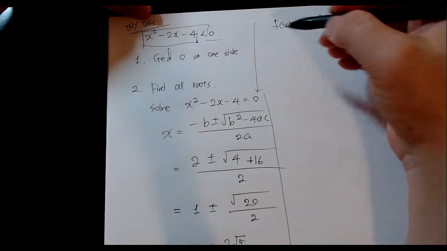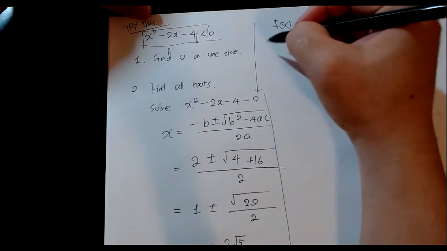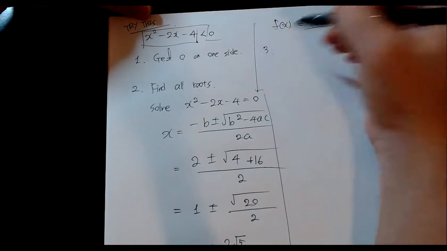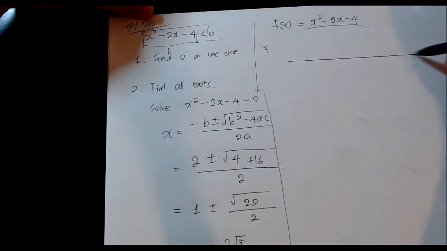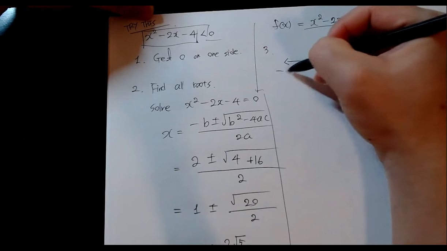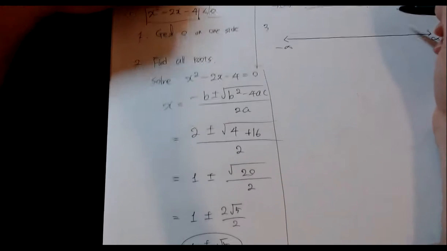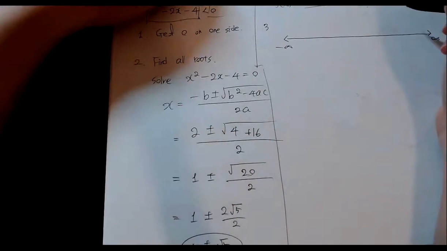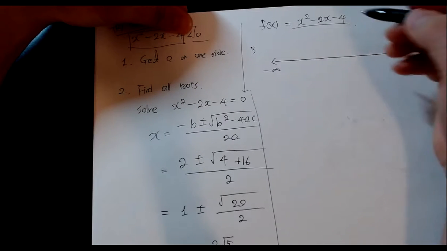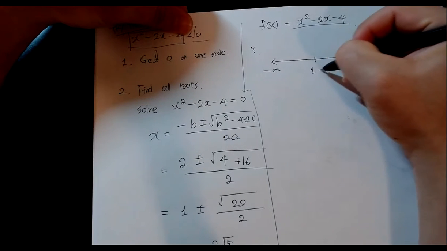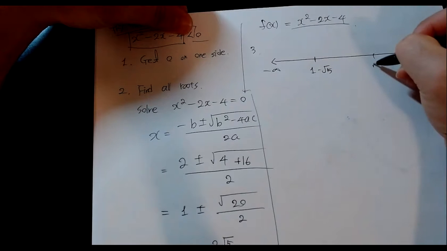But I'm not going to graph f of x. In step 3, we just draw the number line, from negative infinity to infinity. Then I'm going to mark the roots, 1 plus or minus square root 5. Maybe here is 1 minus square root 5, and here is 1 plus square root 5.